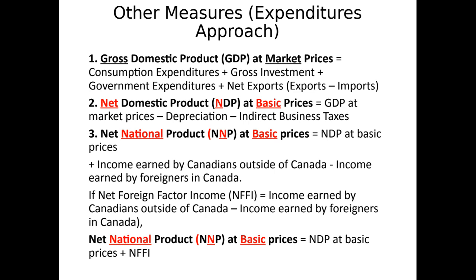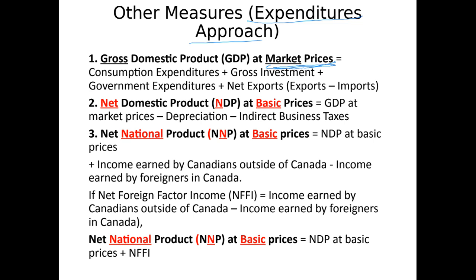I'm using this expenditure approach at market price. By market price, I mean current price. And current price, remember, includes sales taxes as well. So if the sales tax is 5% and the price is $100, then I'll pay $105. That is the meaning. So $105 is my expenditure at current prices.